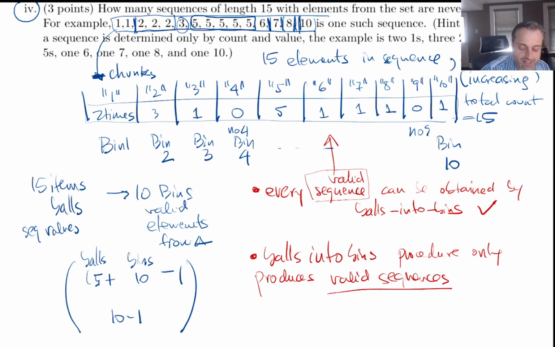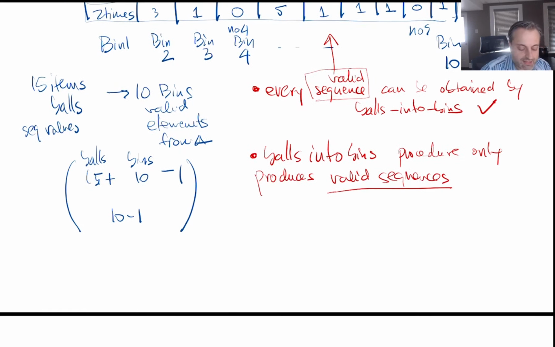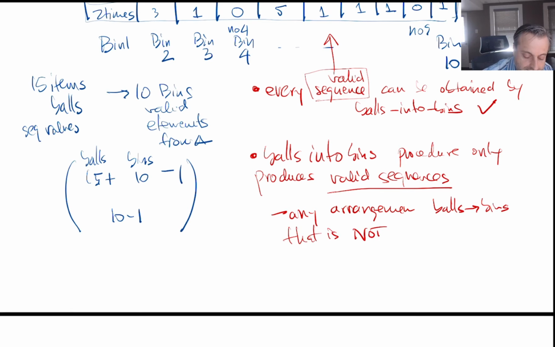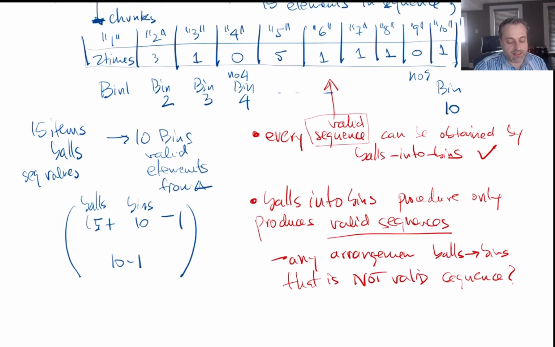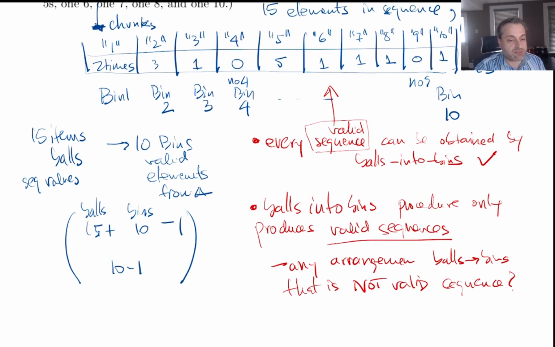For our count to be right, we have to ask ourselves, is there any arrangement of balls into bins that is not a valid sequence? Sometimes there are limitations in problems, and sometimes we have to take out some of these balls into bins arrangements because not all of them produce the correct sequence.